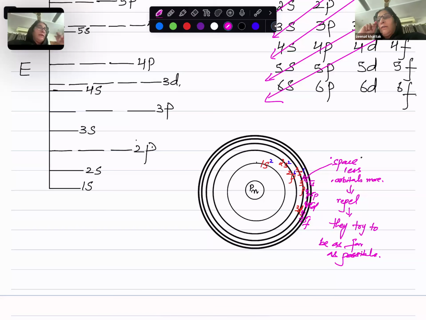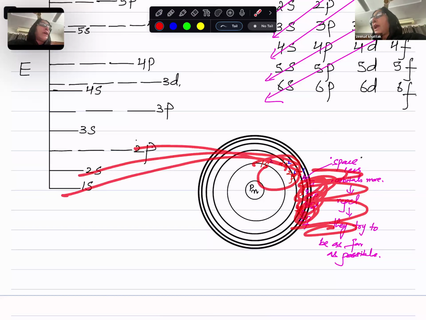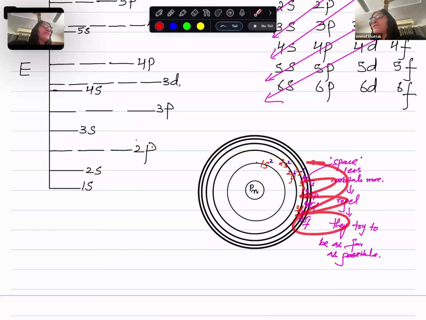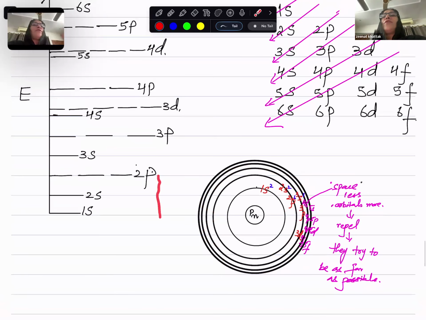Look, the space is less and there are too many orbitals, like they are going in the order 1s and 2s and 2p. And when they reach this place, there is no order. It's actually the energy, the repulsion. They're trying to be as far as possible, and during this struggle, even though they're very close, they forget about their quantum shell, that okay, I am a 4, so I can't come before 5.